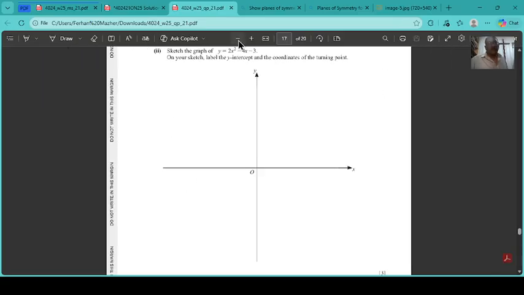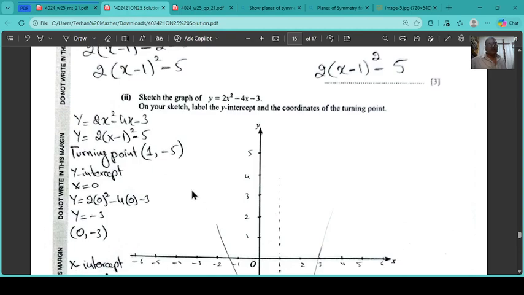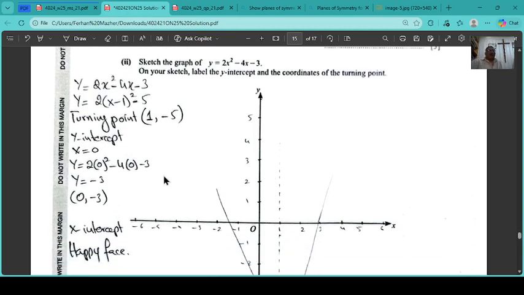So basically this is the question, a 3 marks question, and let me show you. This equation, y equals 2x squared minus 4x minus 3, is the same expression which was given to me in the B part, first portion, and I have already done it.